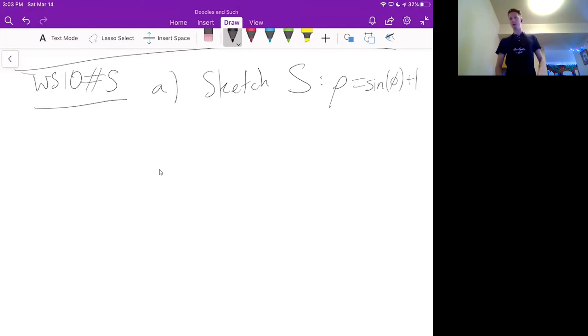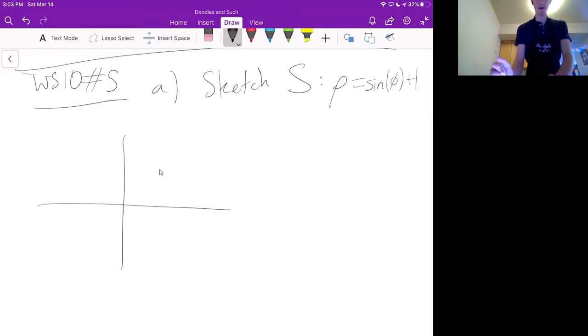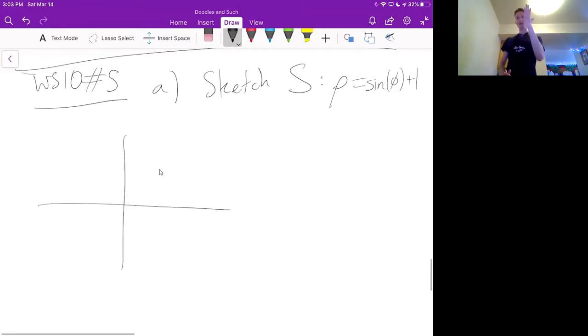But it's not quite rho equals 1. We have 1 plus sine phi. So that's a little different. But what we know is that another way we can think about sketching rho equals 1 is we know it's going to be rotationally symmetric around the z-axis because this equation doesn't depend on theta.